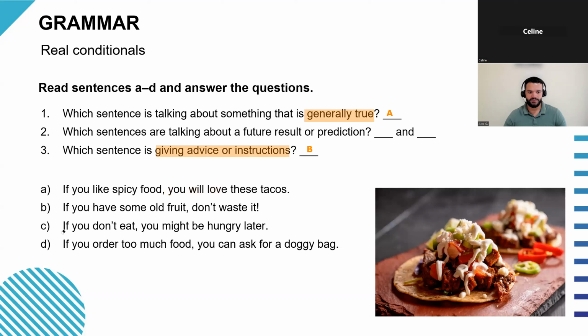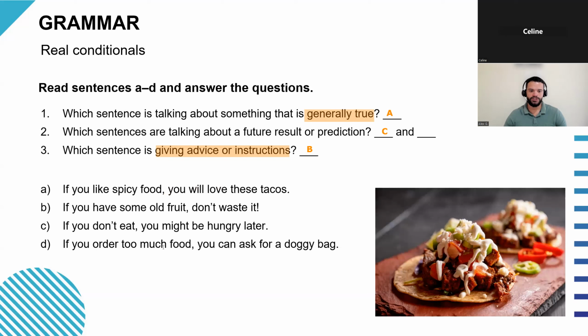I'll do the next one. The next one says, if you don't eat, you might be hungry later. Yeah, excellent, Celine. This is 2. And that means that this last one is 2.